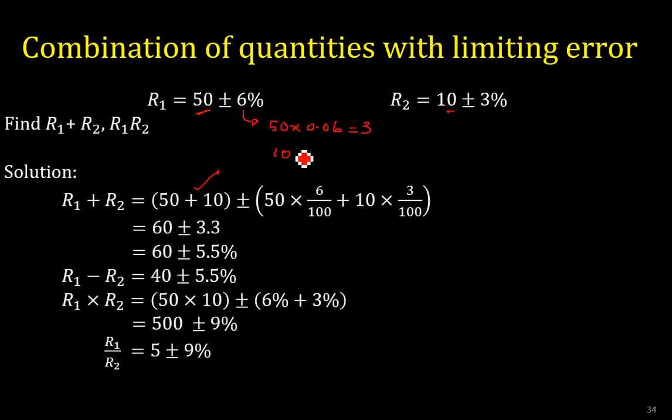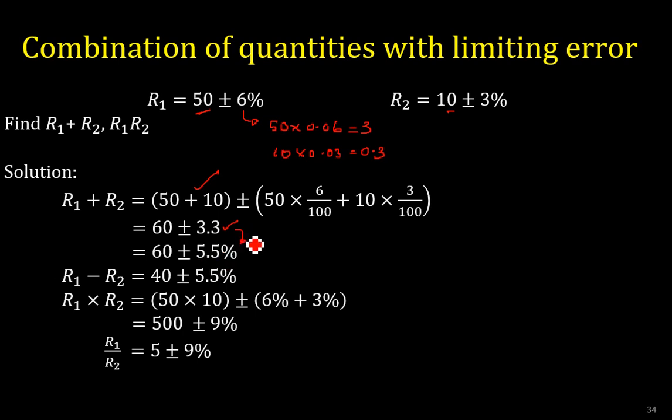And 10 into 0.03 will be 0.3. When you sum them together, you will have 3.3. So 60 plus or minus 3.3. Again, this 3.3 is the absolute value. When you convert it into percentage, it will be 5.5 percent.